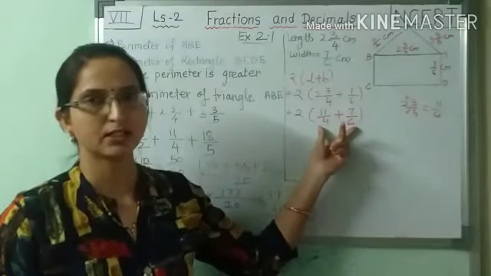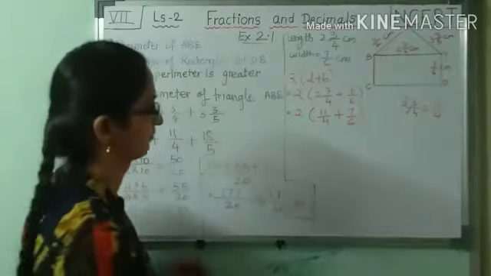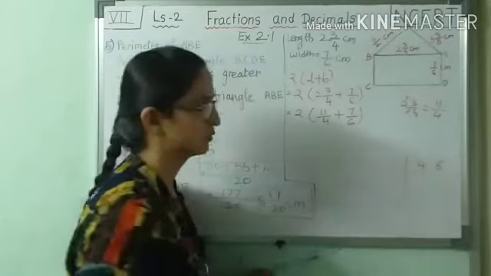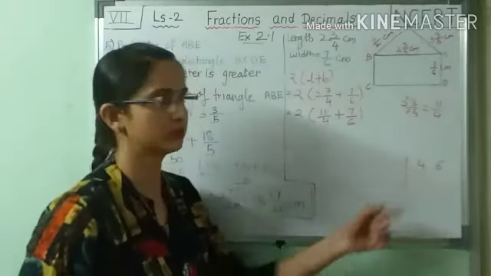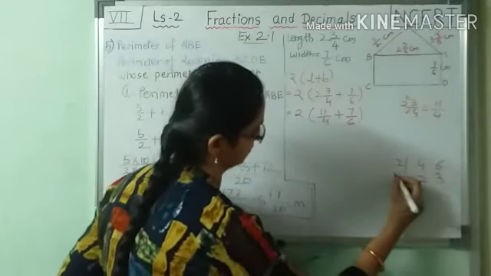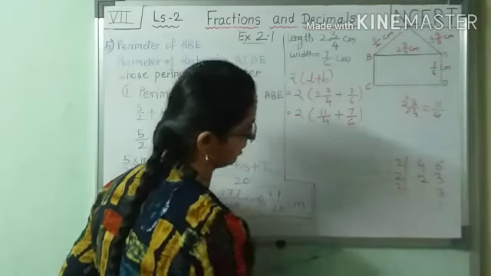Unlike fractions are there, so make them like fractions by calculating the LCM. So the LCM of 4 and 6. These two numbers lie in 2's table. So 2 2s are 4, 2 3s are 6, 2 1s are 2. Write 3 as it is. 3 1s are 3.